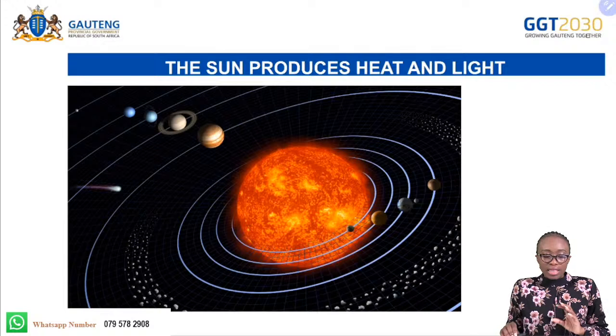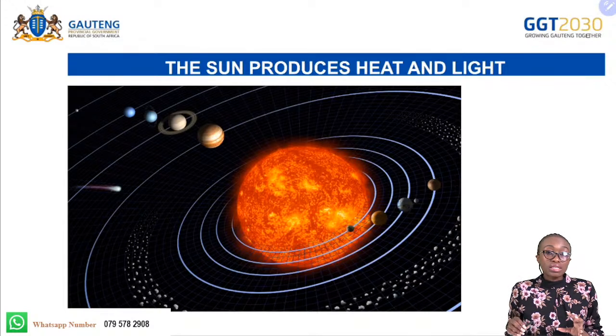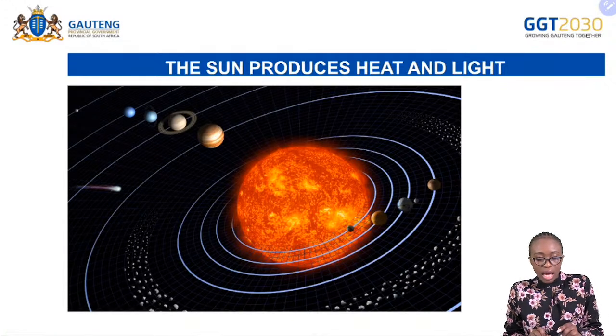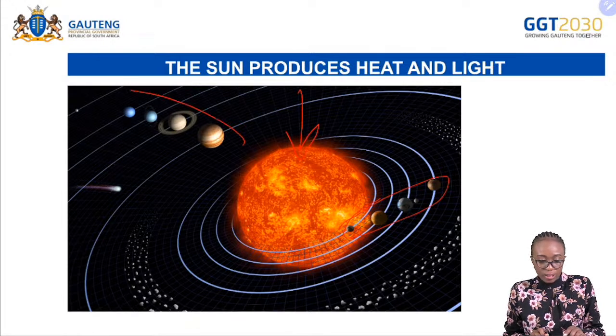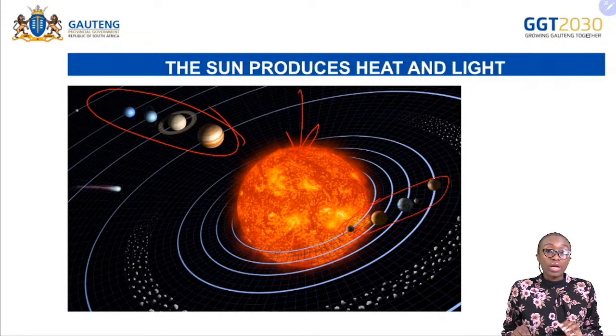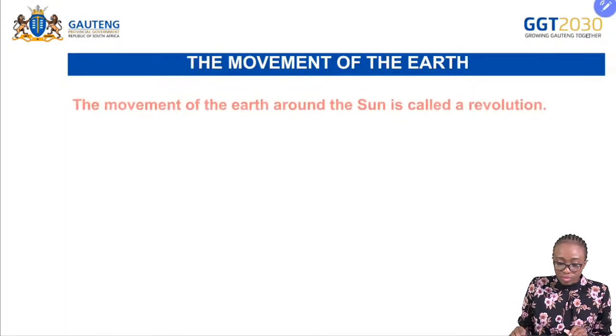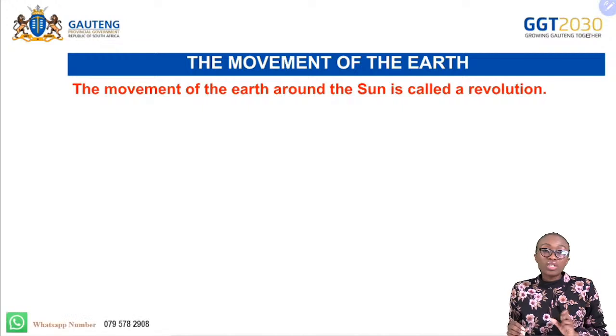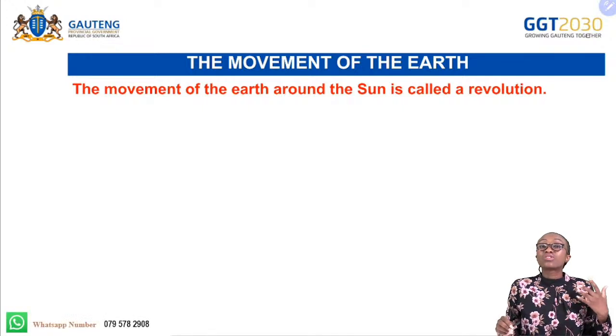Now, that is the solar system and how the sun is positioned. This is the position of the sun, and we have planets. Now we're going to learn where our planet is. The movement of the earth around the sun is called a revolution. So the earth moves around the sun.